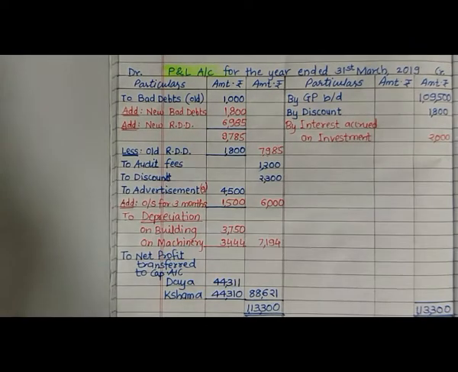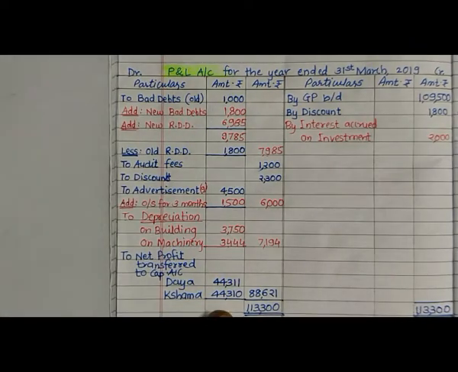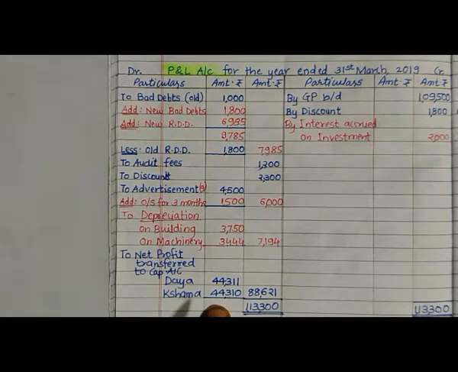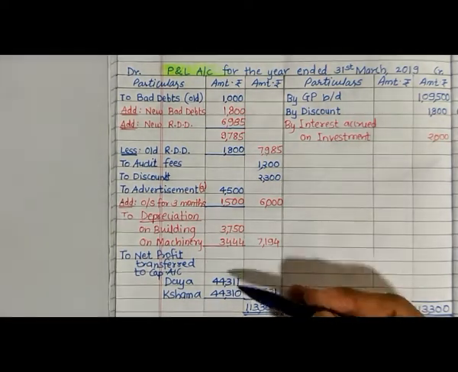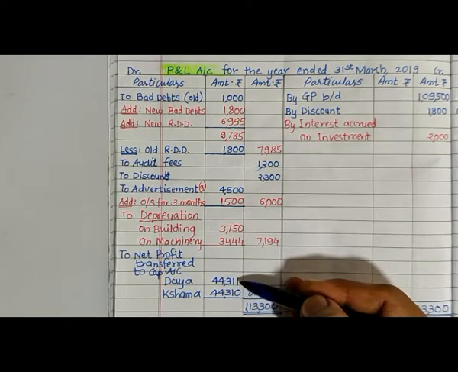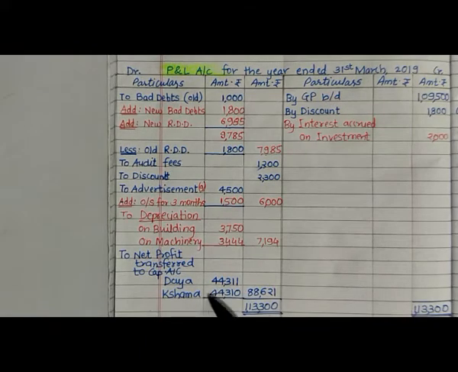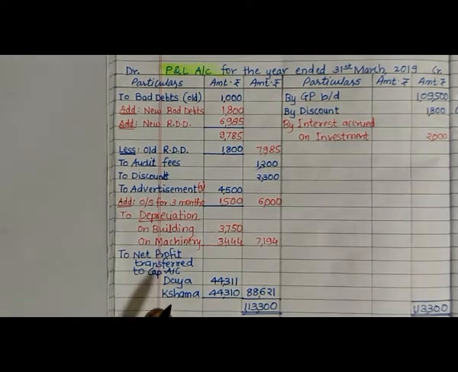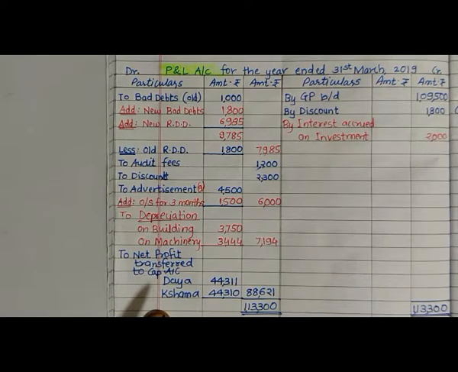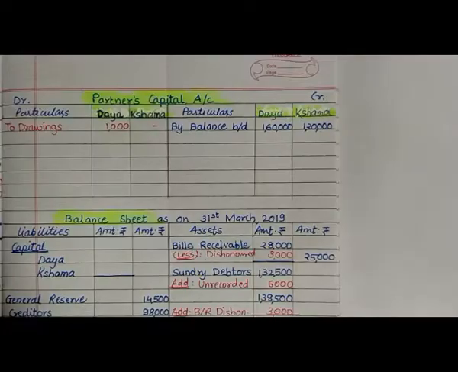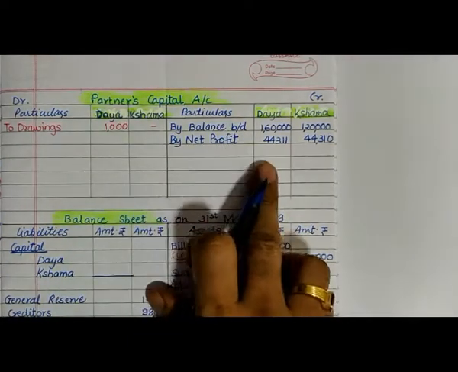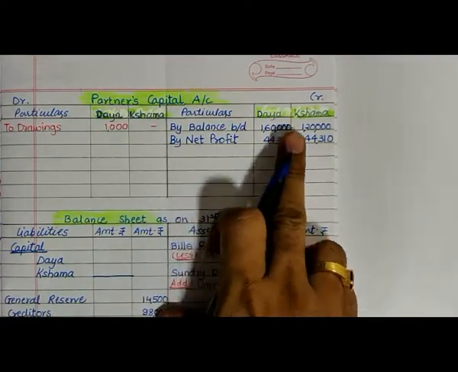While distributing the profit, there you can see the fraction amount. So we can give 50 paise to first partner, and accordingly we can distribute the profit. The net profit is then transferred to partner's capital account. By net profit, Daya 44,311, Kshama 44,310.